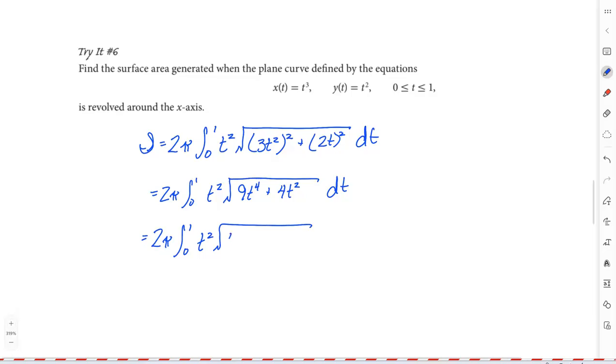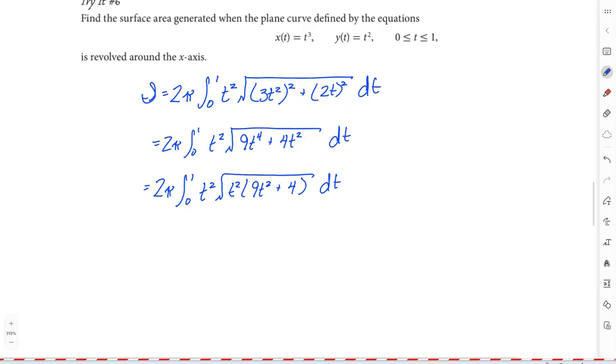We could factor a t squared out, and that's going to leave us with 9t squared plus 4 dt. And the square root of t squared would be t, and t times that t squared outside would be t cubed. So I have t cubed times square root of 9t squared plus 4 dt.